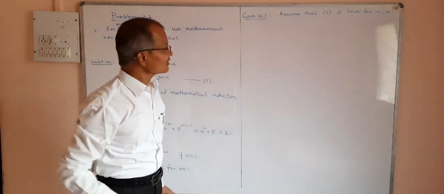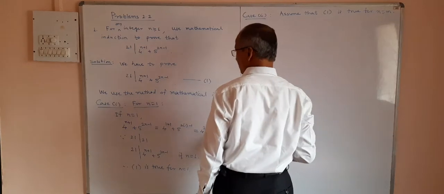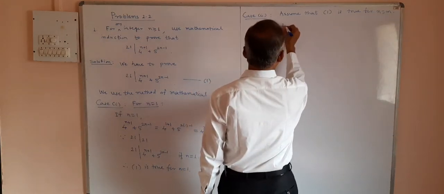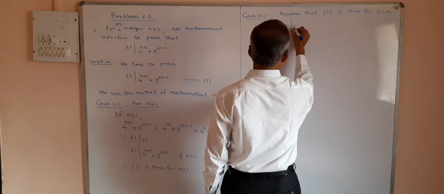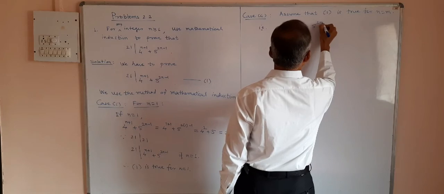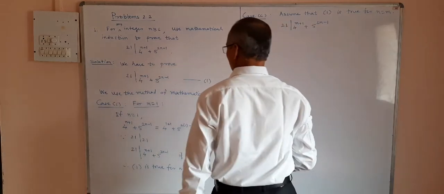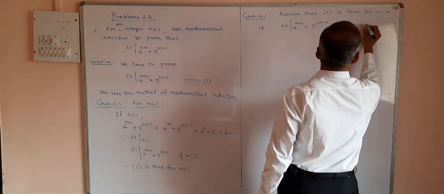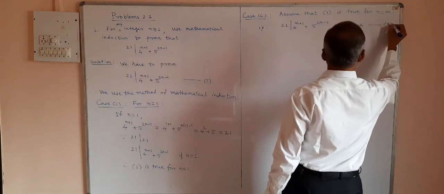And what this shows, the result, replace n by m, that is 21 divides 4 raised to m plus 1 plus 5 raised to 2m minus 1. So this is true. We may refer to this as the second result.